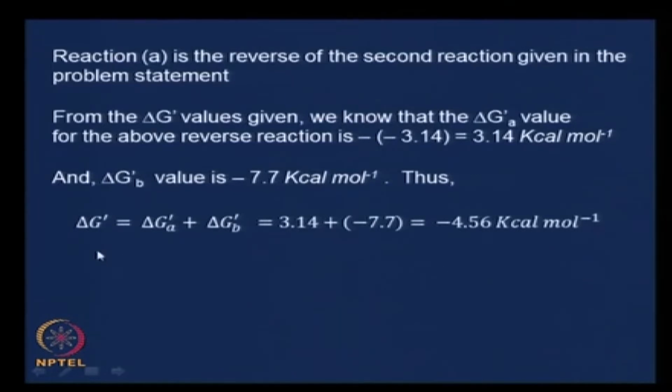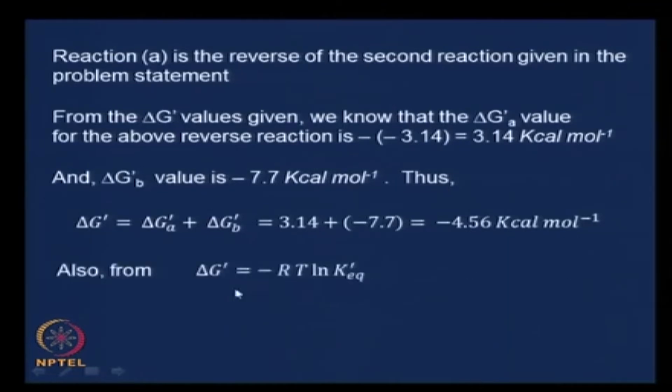Therefore, delta G dash of the reaction that we are looking for, which is the ATP catalyzed phosphorylation of glucose, we have already established as being equal to delta G A dash plus delta G B dash, and just adding these two together we get minus 4.56 kilocalories per mole.